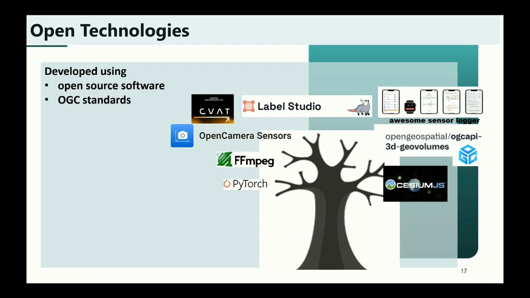Our development is totally based on open technology, such as open source software. These are the open source software that we have used, like Label Studio or open camera sensors, etc. And of course, we have used OGC standards like OpenGeoPose or OpenTrainDML for GeoAI, and the OpenAPI standard.